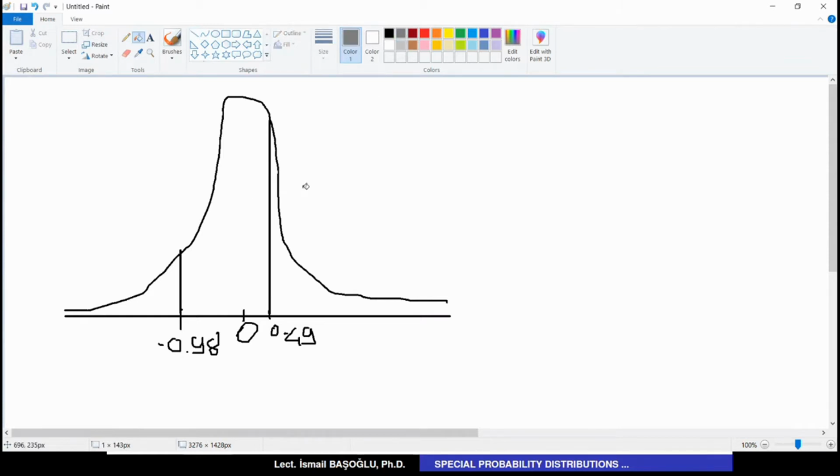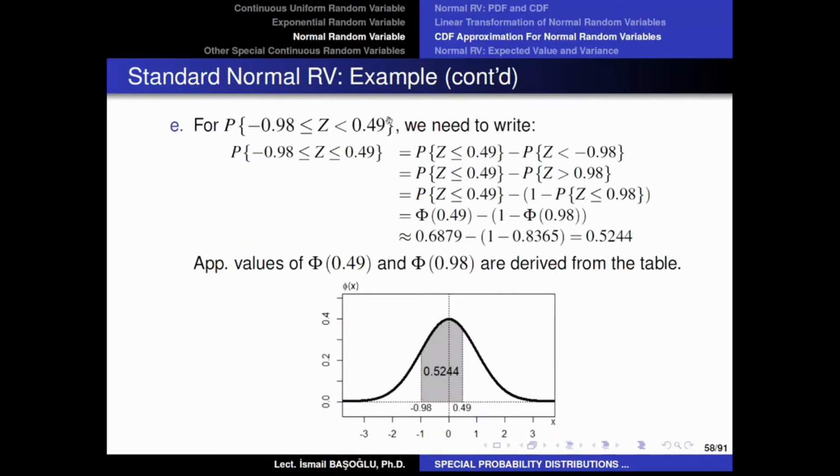Say that I want to calculate this area. That probability, my friends, is going to be calculated by subtracting the total area on the left-hand side of minus 0.98. So I'm going to subtract this white area on the left-hand side of minus 0.98 from the total area on the left-hand side of 0.49.